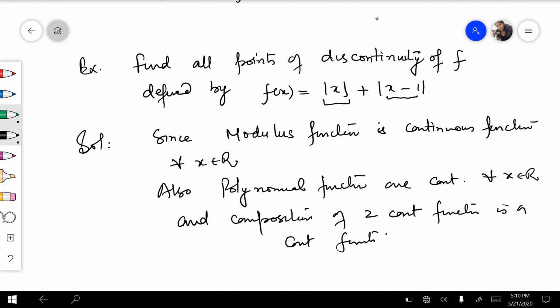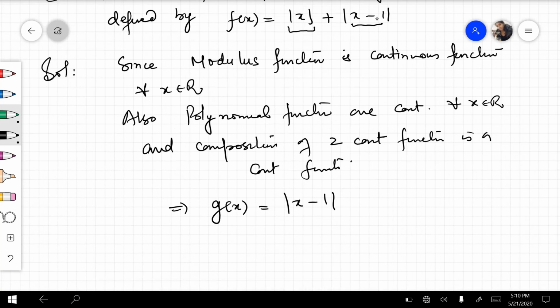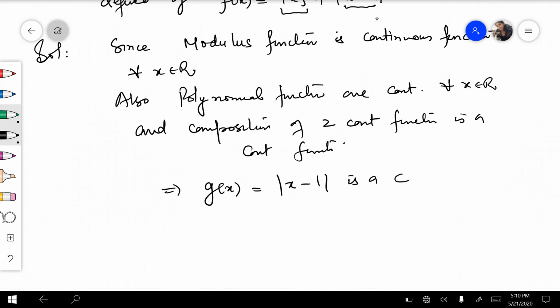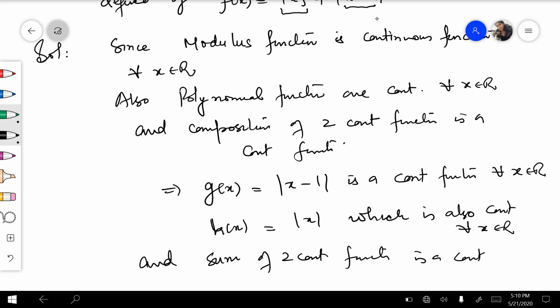So this implies g of x equals to modulus of x minus 1 is a continuous function for every x belongs to R. I'm assuming g of x is equal to this one, and that h of x is equal to modulus of x, which is also continuous for every x belongs to R, and sum of two continuous functions is a continuous function.